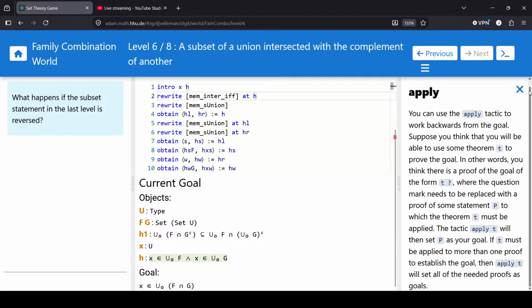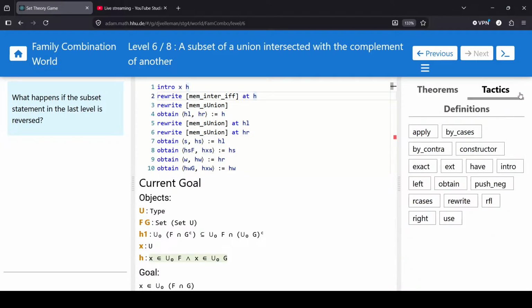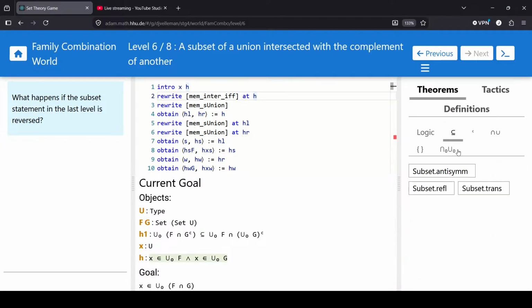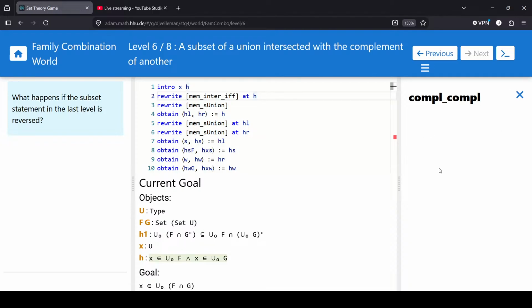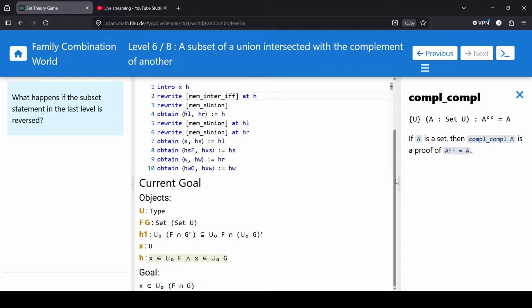Or maybe we need to compl. If we compl, this would get... This will get very confusing. But maybe that's what I need to do here.